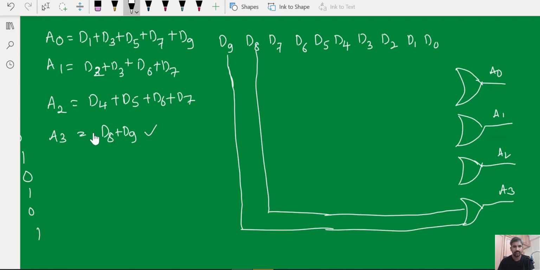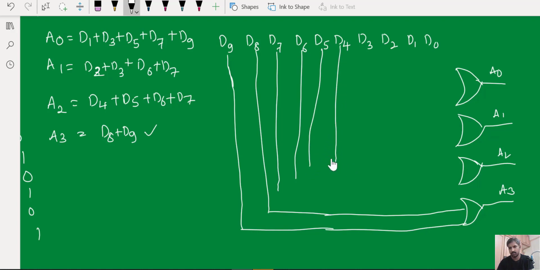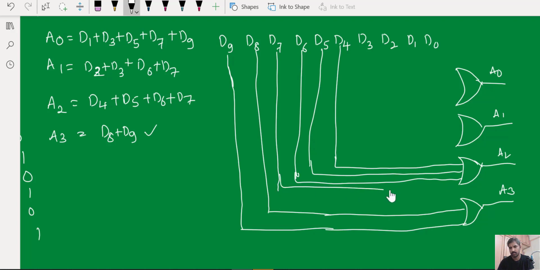So this is over. Now the next one will be 4, 5, 6, 7: D7, D6, D5 and D4, and this all goes to A2. Next one will be 2, 3, 6, 7.